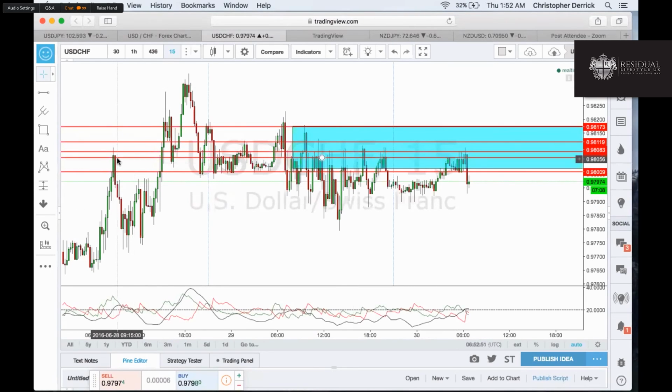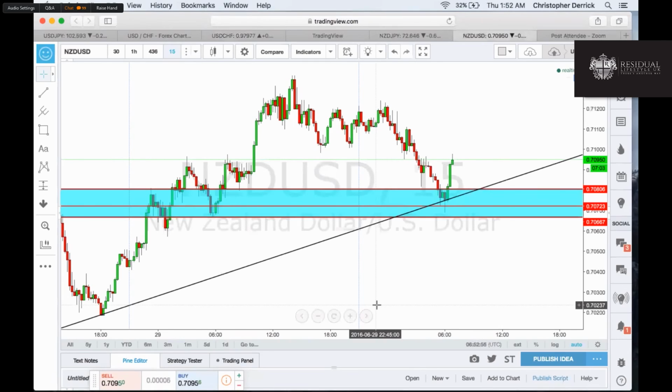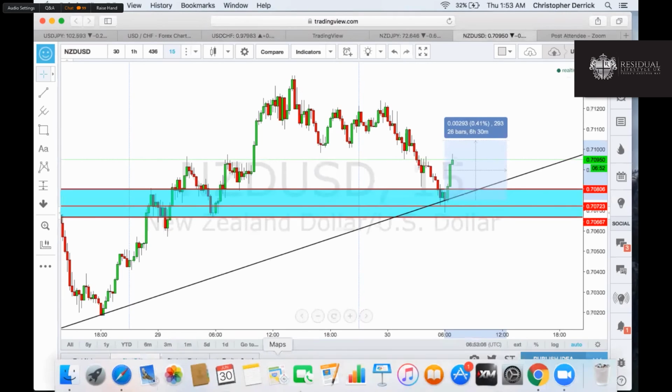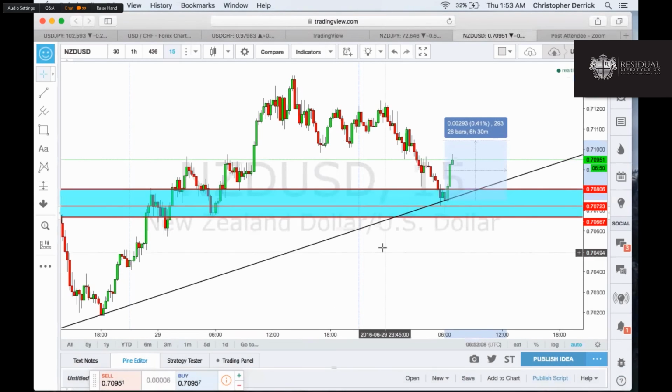Like I said, a lot of people ask me, yo, is price going to move up? Is price going to do this? Well, once it goes at least 30 pips in profit, I usually take one trade out and I change my other order from a stop loss to a stop profit.